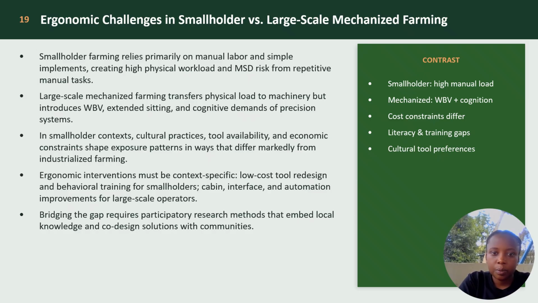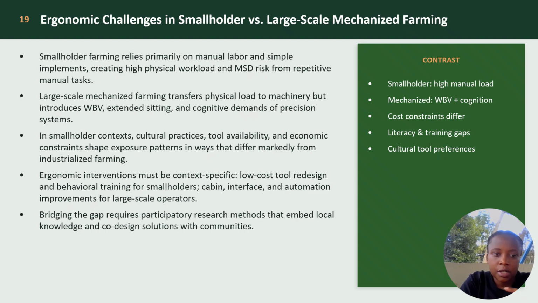Smallholder context, cultural practices, available tools, and economic influences shape exposure patterns in a way that differs from large-scale farming. Ergonomic interventions must be context specific: low-cost tools and behavior training for smallholders, big interfaces, and automation improvements for large-scale operators.